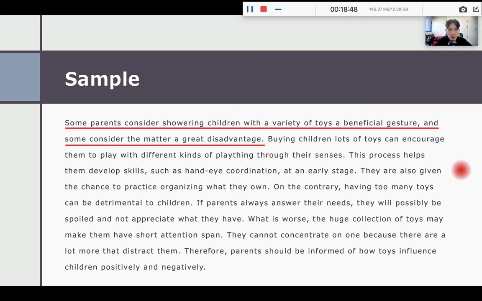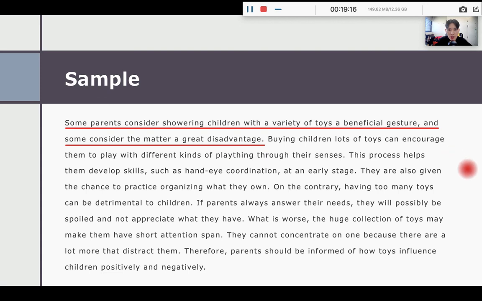Some parents consider showering children with a variety of toys a beneficial gesture, and some consider the matter a great disadvantage. So from this topic sentence, we know it's about giving toys to children. And the focus here is the positive and the negative. Okay? So this is the first P. Point out the topic sentence.